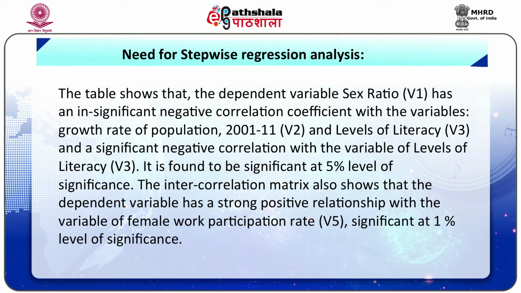It is found to be significant at 5% level of significance. The intercorrelation matrix also shows that the dependent variable has a strong positive relationship with the variable of female work participation rate, that is variable 5, significant at 1% level of significance.